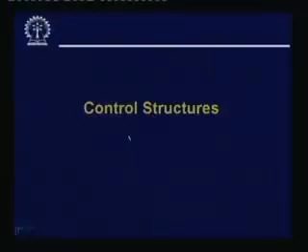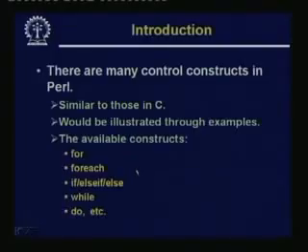Okay. So, before going further into the other constraints and the other interesting things about Perl, let us look at some of the very standard things like the control structures. Just have a quick look at the control structures which Perl supports. There are many control structures which are similar in syntax to those in the language C, and we would mainly be showing them through examples.